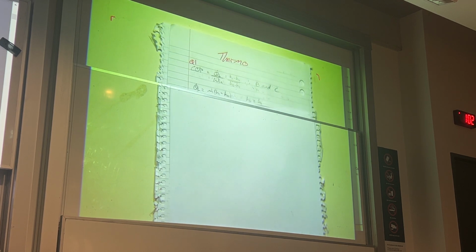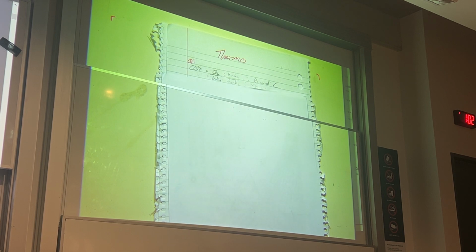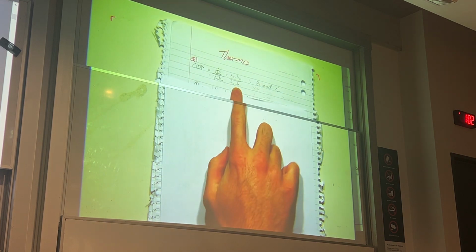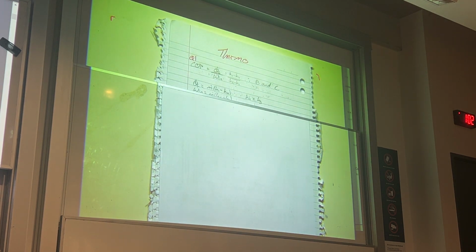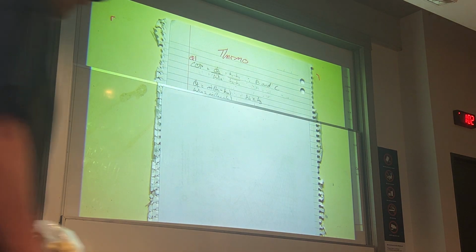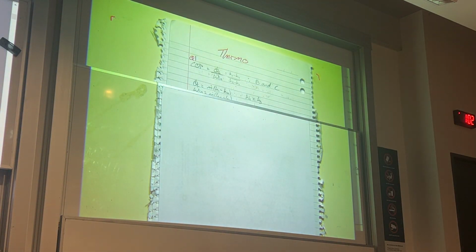B and C. So coefficient of performance follows this equation here. We're given H1, H2, H2 ideal, H3. All you need to know is that H4 in our equation here is equal to H3. And then QL is this value here.